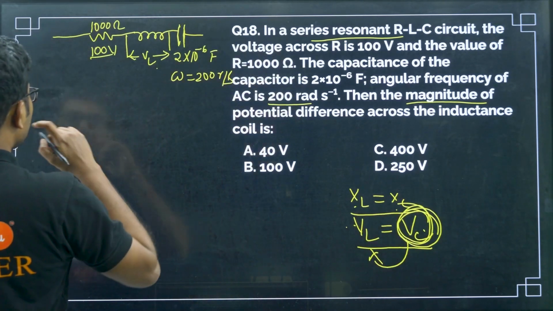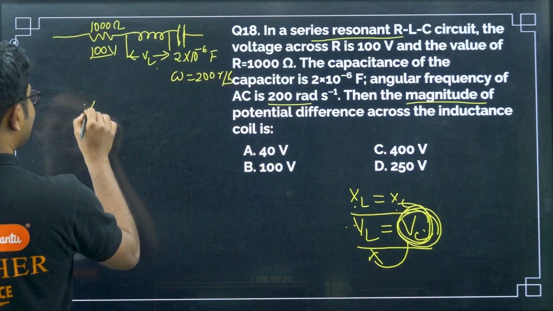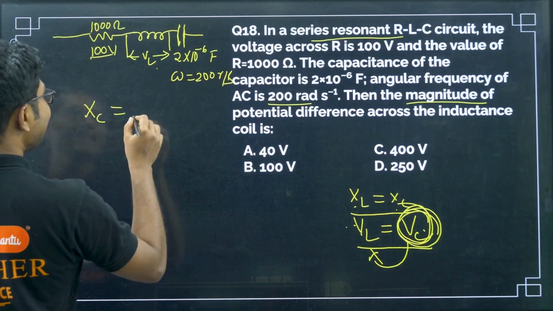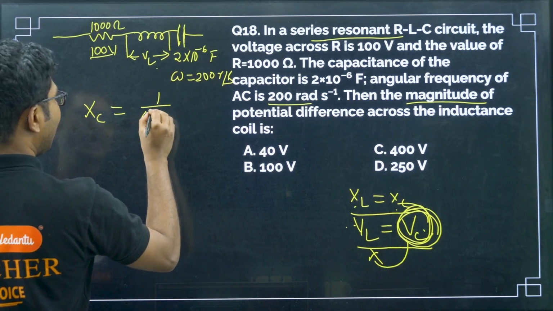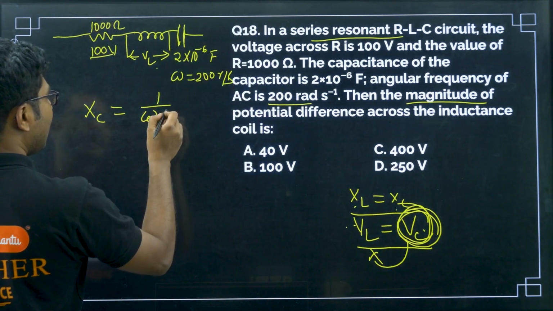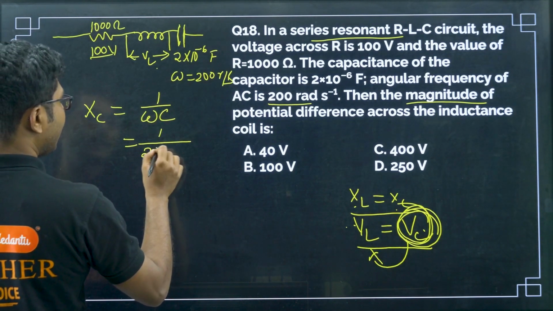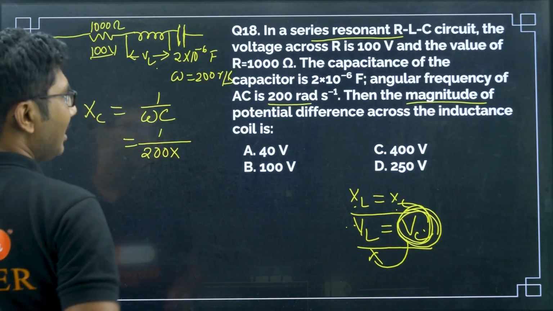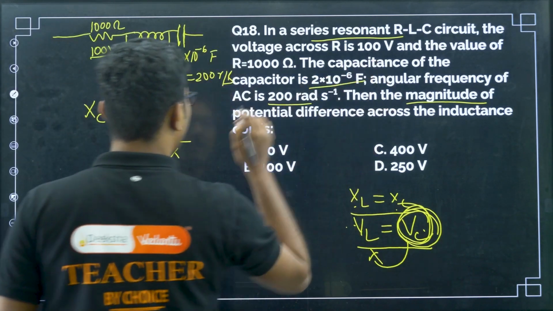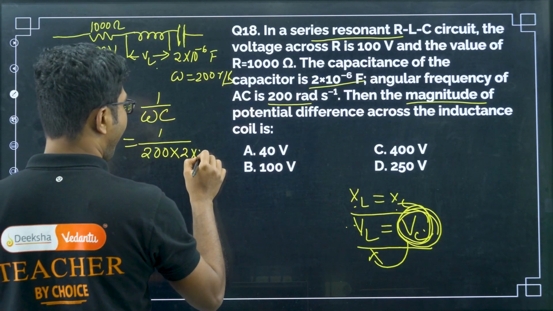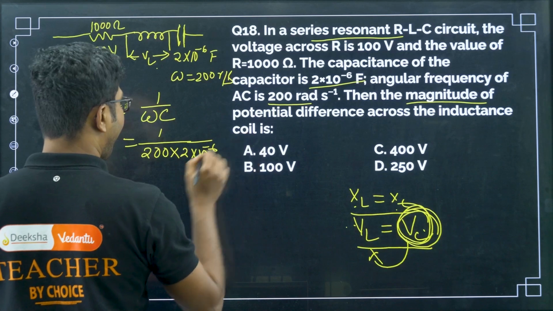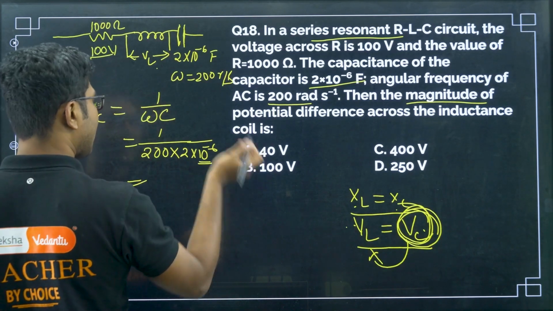How to do that? First we will calculate XC. XC is 1 by omega C. Omega is given as 200, C is given as 2 times 10 to the power of minus 6. So, this 10 to the power of minus 6 will go up.